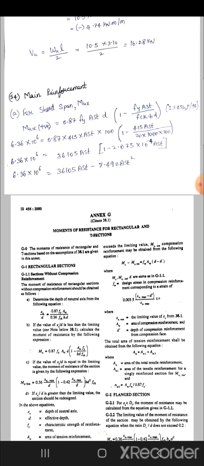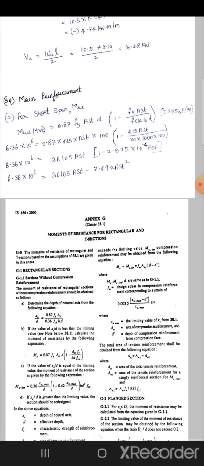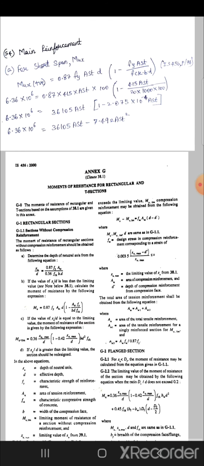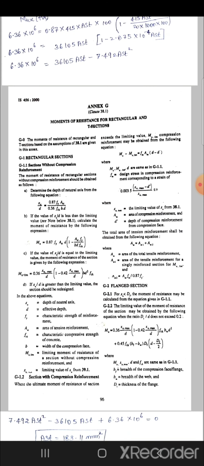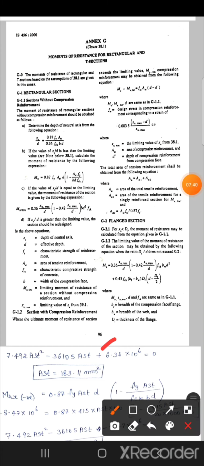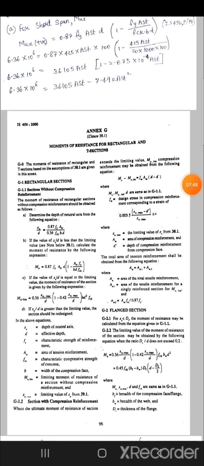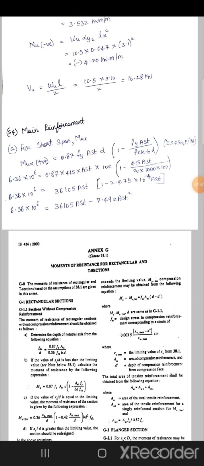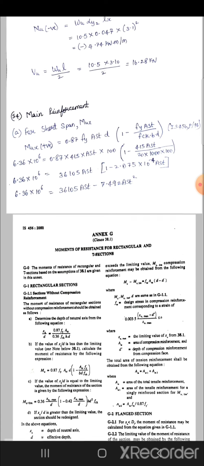Next step is main reinforcement. Here we have to calculate for long span and short span. Short span Mux formula is given in IS 456 page number 96. Here it is. This is IS 456 2000 page number 96. The formula is given here. It is 0.87 fy Ast into d into 1 minus fy into Ast by fck into b into d.